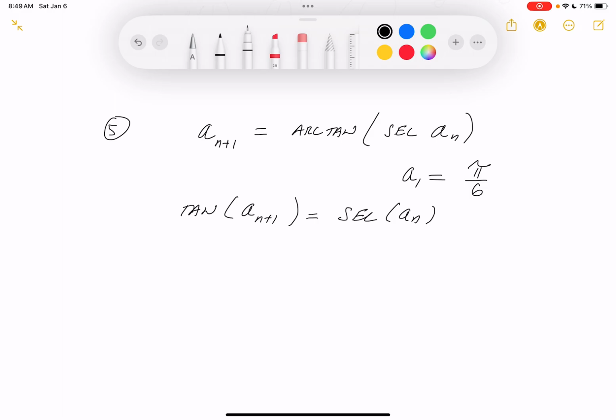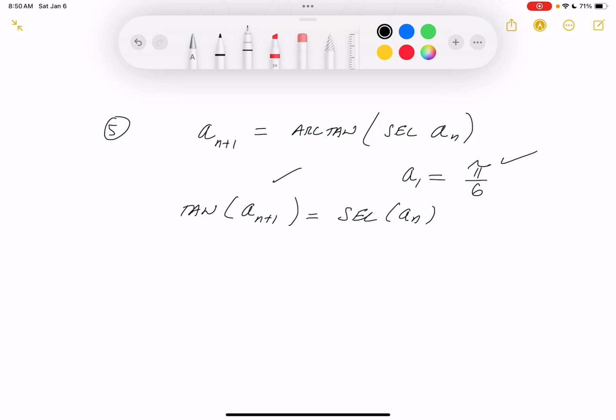If we're starting with A1, we're going to get a positive number, so I'm going to say they're equal. I don't have much issue with that. The numbers are going to behave nicely.